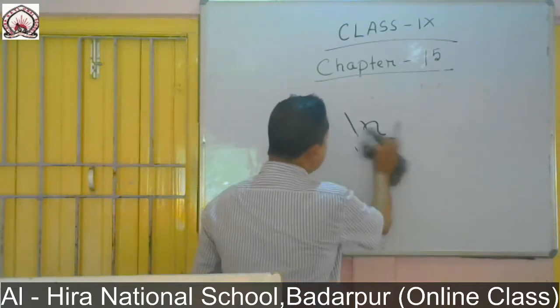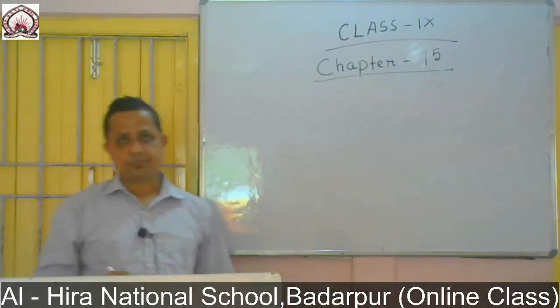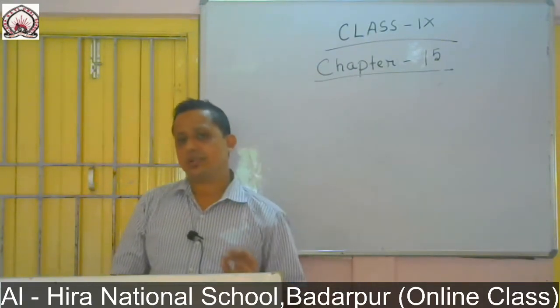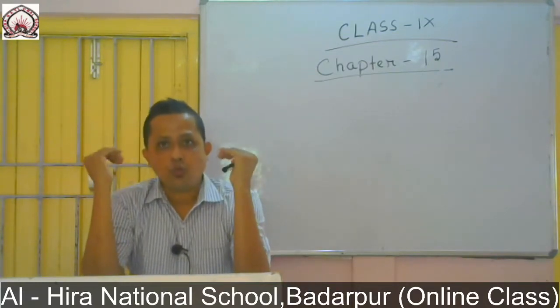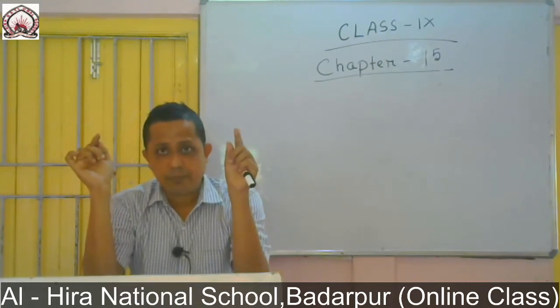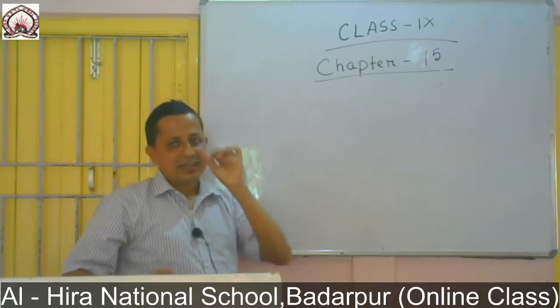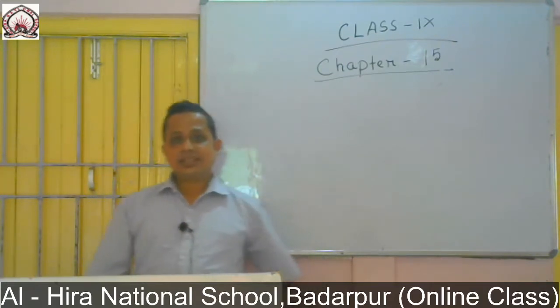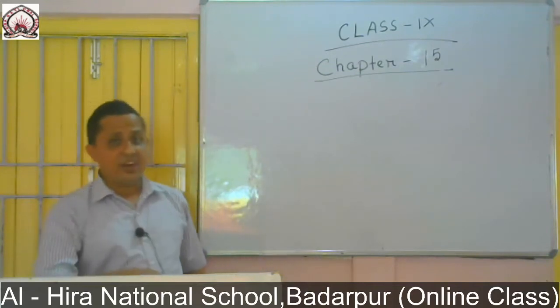Now coming next, what is a string constant? A string constant is a sequence of one or more characters which are enclosed in a pair of double quotes. In case of character constant, it was single quote. In case of string constant, it is double quotes.